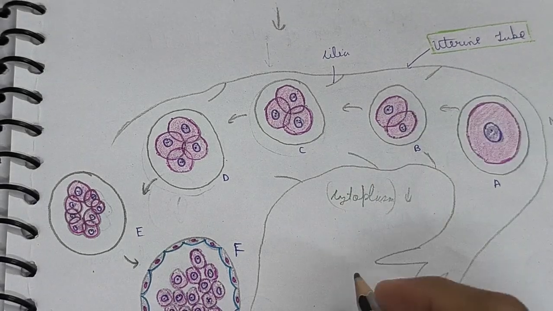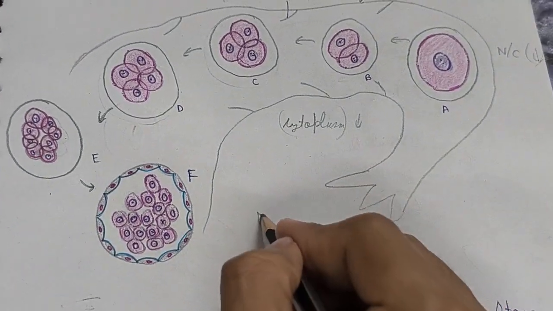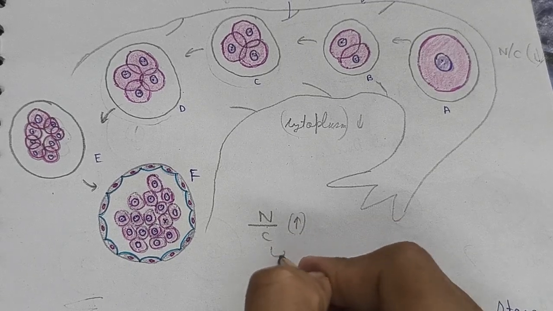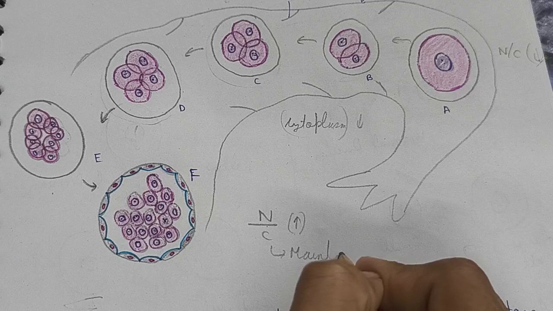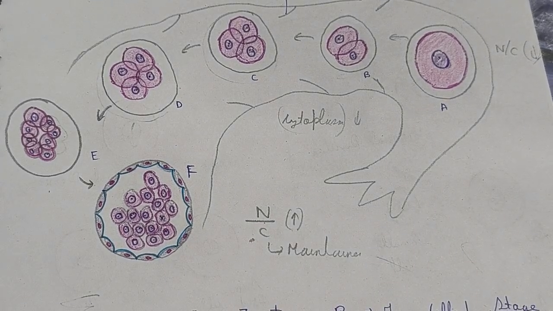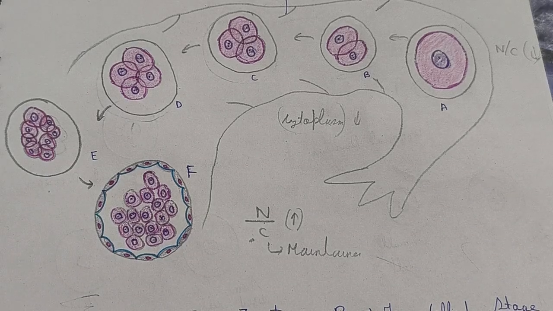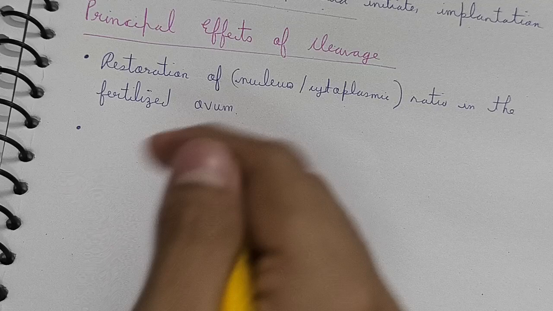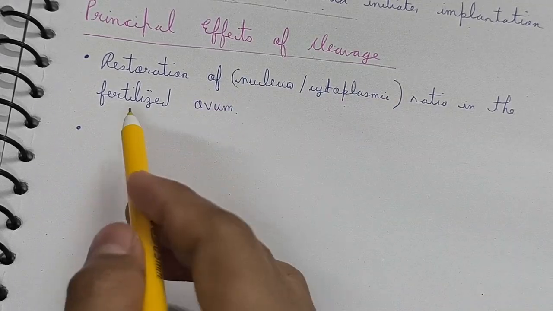Therefore the N by C ratio goes on increasing, or is maintained. So this is the main effect: restoration or maintenance of the nucleocytoplasmic ratio in the fertilized ovum.